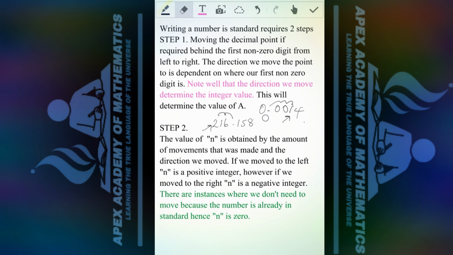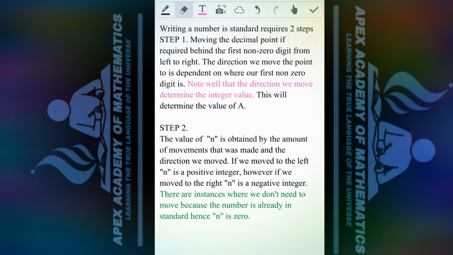All right, fantastic. I hope you are enjoying the video so far and you're understanding the concept. Now I've placed here in pink for you that you are to note well that the direction we move determines the integer value, meaning that the value of n is determined by the direction we move.